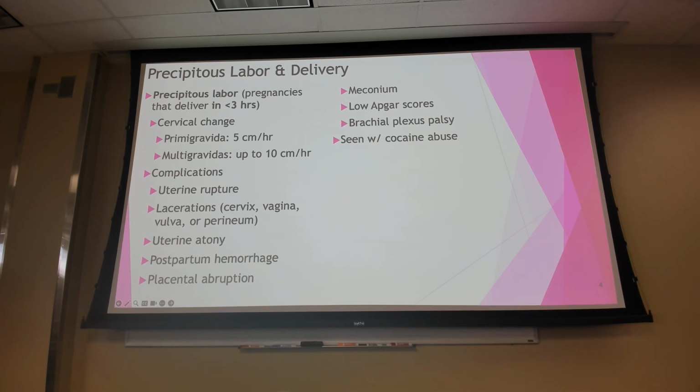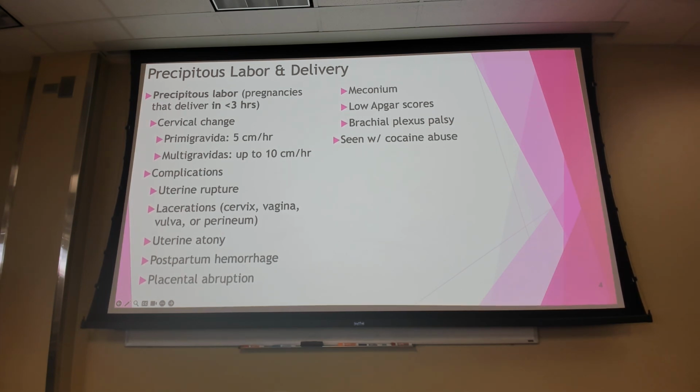Again, because this is very stressful for baby as well, we can have meconium. Meconium is that first baby poop. And if baby poops in utero, as soon as baby exits the maternal pelvis, they'll take a big deep breath and breathe in that meconium. That's meconium aspiration, which causes a lot of problems with lungs.